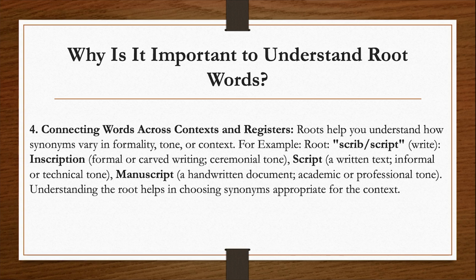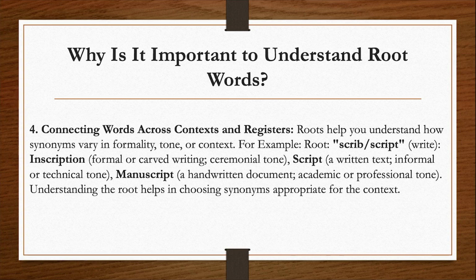Roots help you understand how synonyms vary in formality, tone, or context. For example, the root scrib or script means to write. Now, we have certain related meanings. For example, inscription, that is formal or carved writing, ceremonial tone. Second, we have script, a written text that is informal or technical in tone.